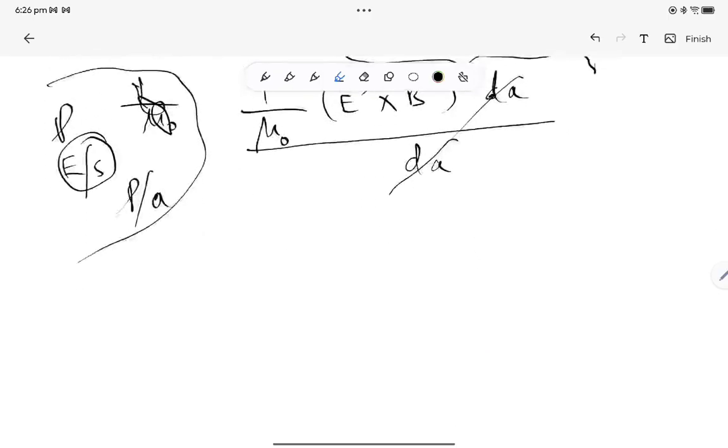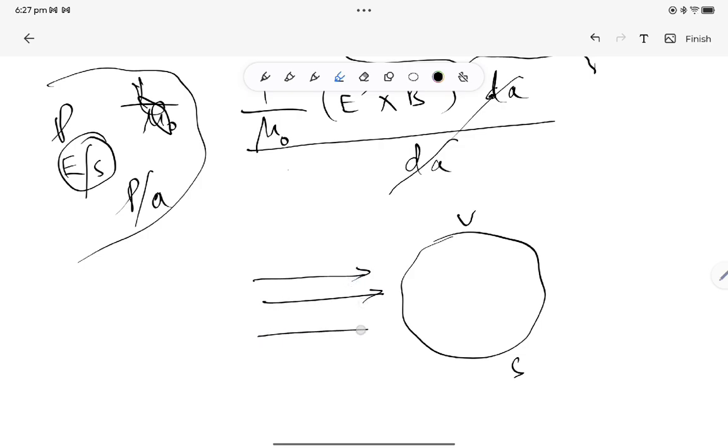That means you had that volume element, say V, which was bounded by surface S. There was an electromagnetic field there, say an electromagnetic wave, and this electromagnetic wave has some energy.